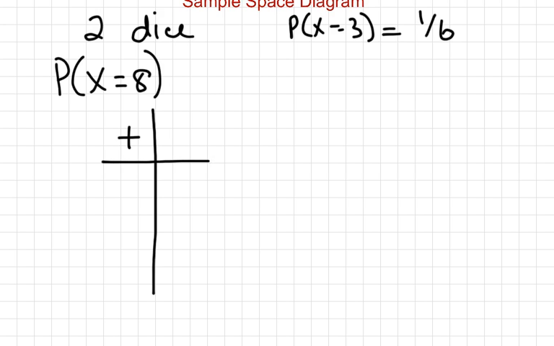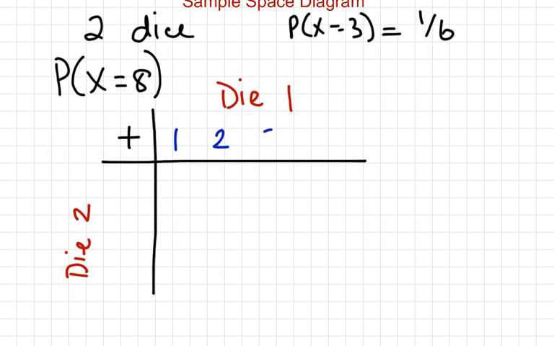It sort of looks like a grid, and this is going to be my die 1. Die is the singular for the word dice, so die 1, and this is die 2 here. All the possible values I can get would be a 1, 2, 3, 4, 5, or 6.